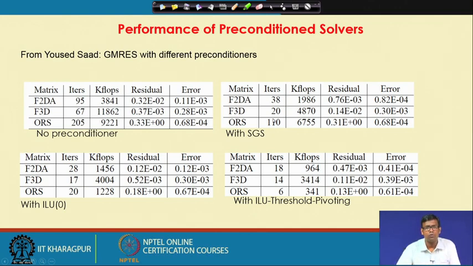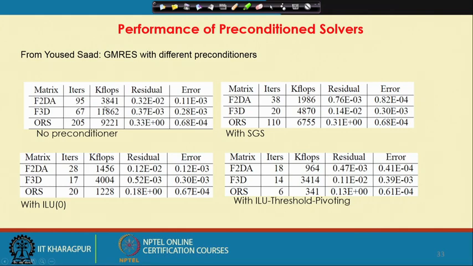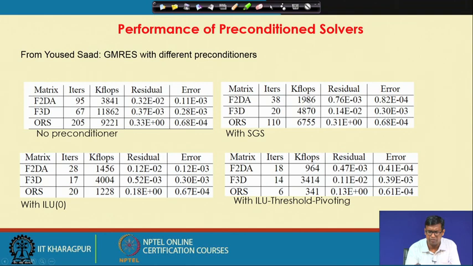So, half or more than half the number of iterations are required, and also a substantial improvement is obtained in terms of kiloflops. It does not exactly scale with the number of iterations, because some preconditioning steps, some SGS iterative steps, are already added. So, it does not scale exactly like that, but there is a significant decrease in the computational flops, and the number of iteration steps is improved.